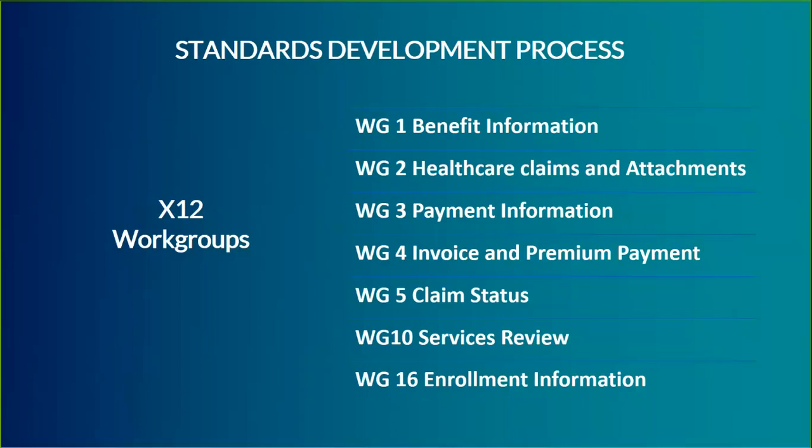One of the things that's really interesting is that these groups not only provide those transactions that are HIPAA transactions, but they also deal with non-HIPAA transactions. So when you see the healthcare claims and attachments, in that particular work group, we also have what we call the PACTOR, or what is known as the reporting claim guide.